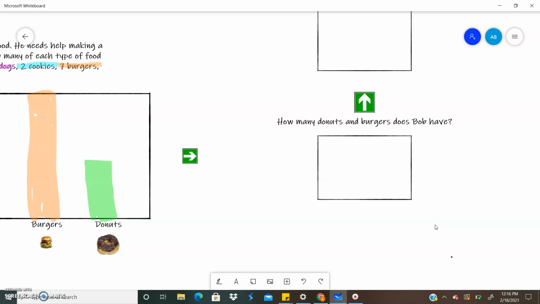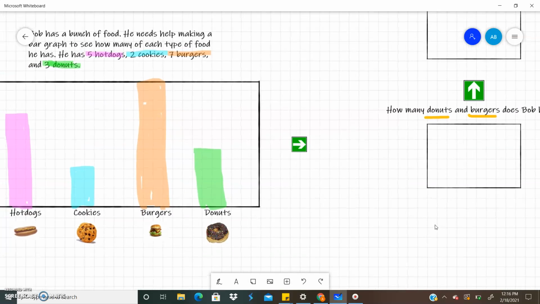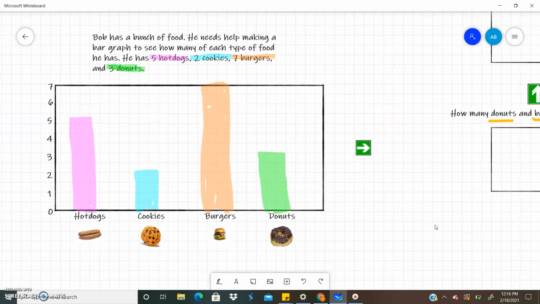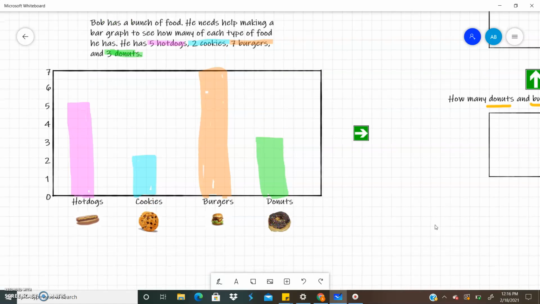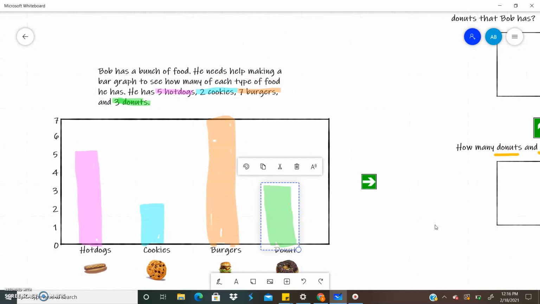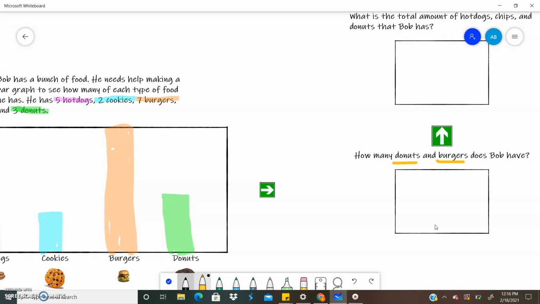How many donuts and burgers does Bob have? Donuts and burgers. So let's go back over here and look real quick. How many donuts were there? Let's see. 3. We have 3 donuts. It says it in the text. It also says it right here on our graph. So we know that one of our numbers is going to be 3.